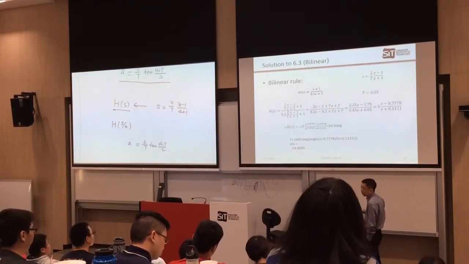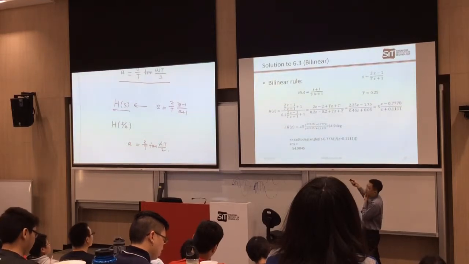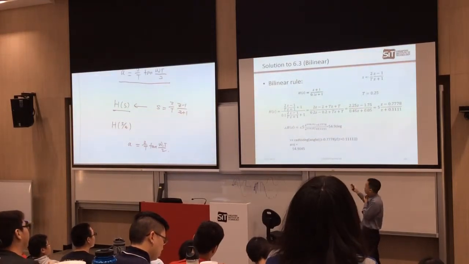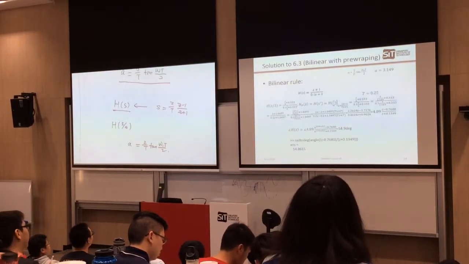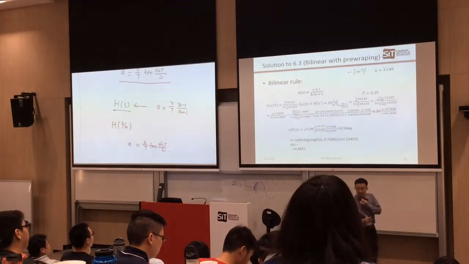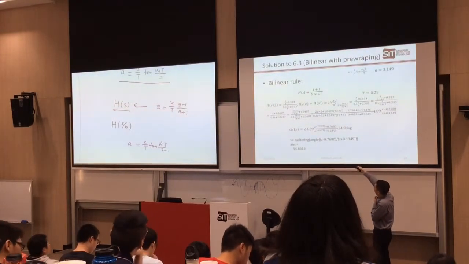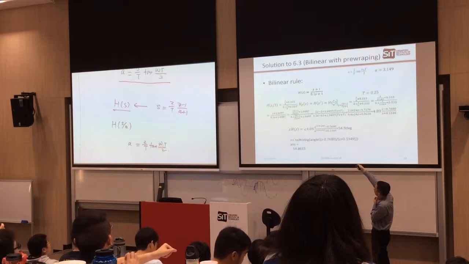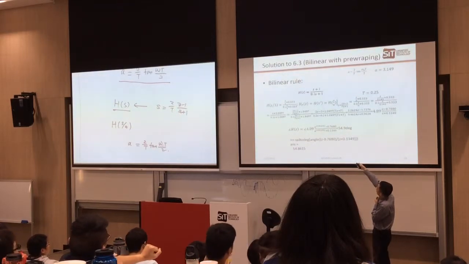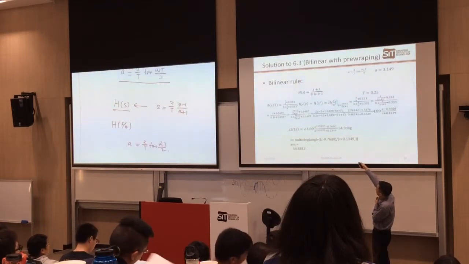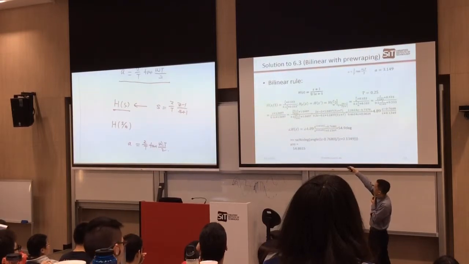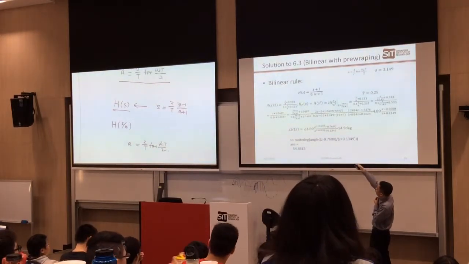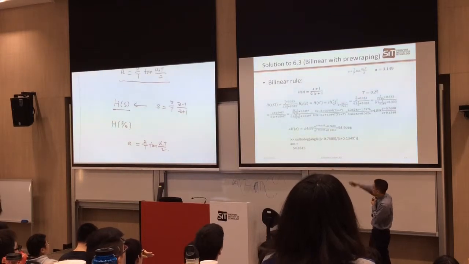So what is the effect of the pre-mapping? You see the bilinear rule, or the Tustin rule, is very simple: just substitute this one in. The pre-mapping one is slightly more complicated. First of all, this is your H(S). What you need to do is pre-map this one. So instead of S, you need to rewrite this one as S over your critical omega. Now your omega is 3, so you need to write this one as S divided by 3.